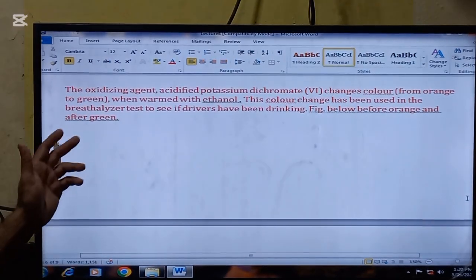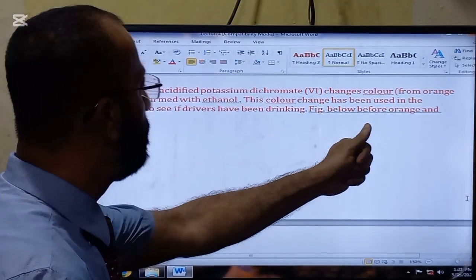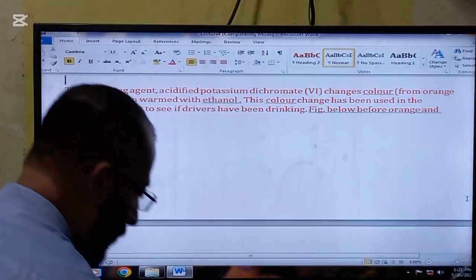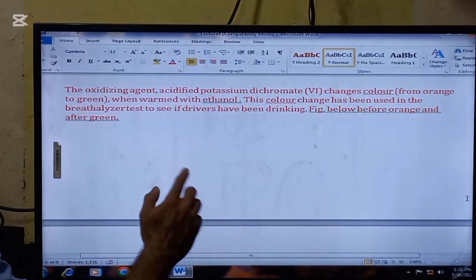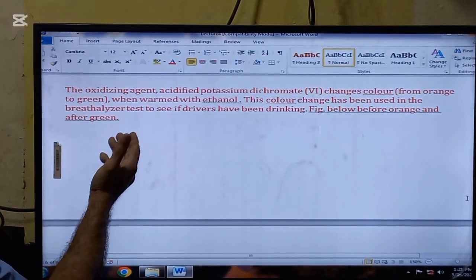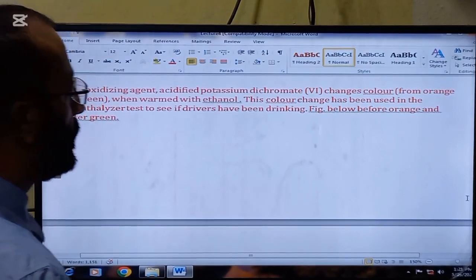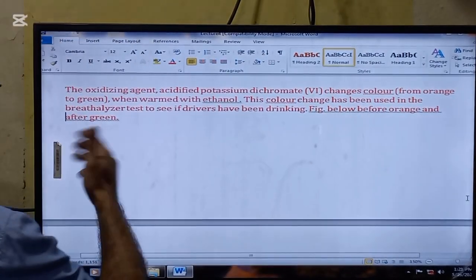The oxidizing agent acidified potassium dichromate changes color from orange to green when warmed with ethanol. This color change has been used in the breathalyzer test to see if drivers have been drinking. Figure below, before orange and after green.